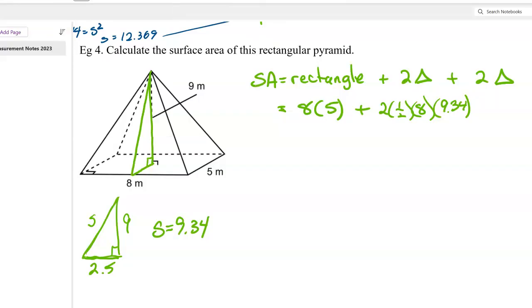Now let's find this other triangle. Okay, so now we're going to find this triangle. Again, to find the slant height, I'm going to use this triangle. Okay, and I'll draw that right here.